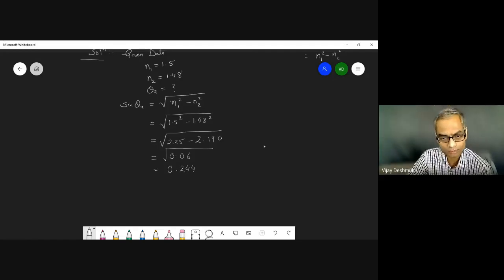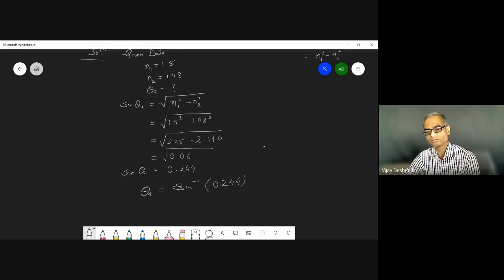Now this is the value of sin theta A, right? And we want to find the value of theta A, which will be sine inverse of 0.244. You can find this in a calculator. The only thing you have to remember, this is the screen of the calculator, is that it should be in degree.